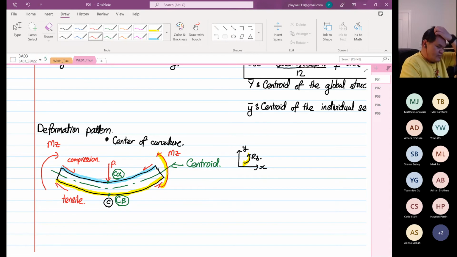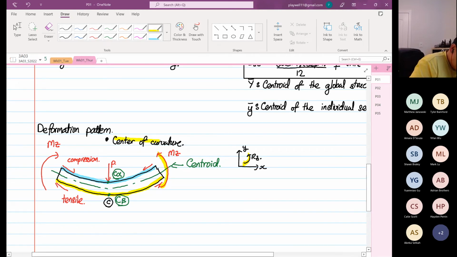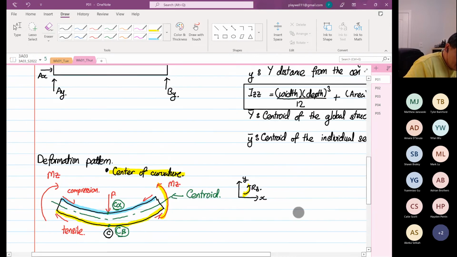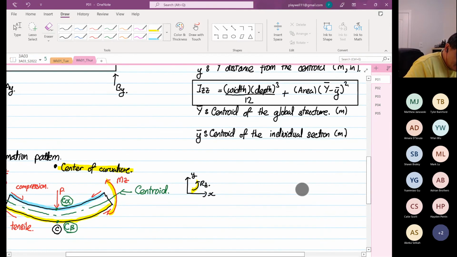The next thing I want you all to focus on is the term I mentioned, which is the center of curvature. Now we are going to look at the distance.